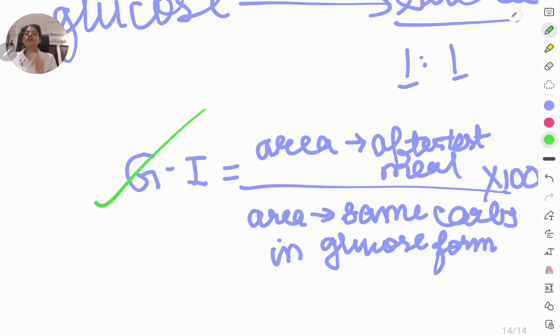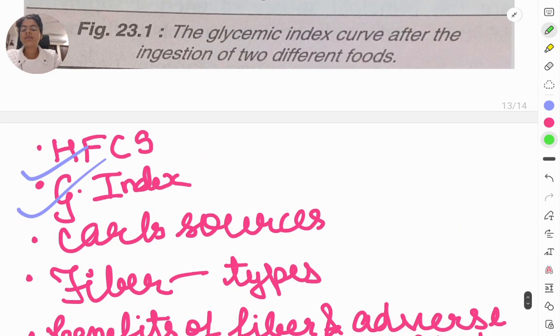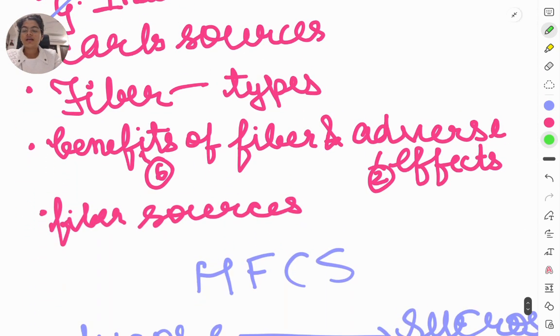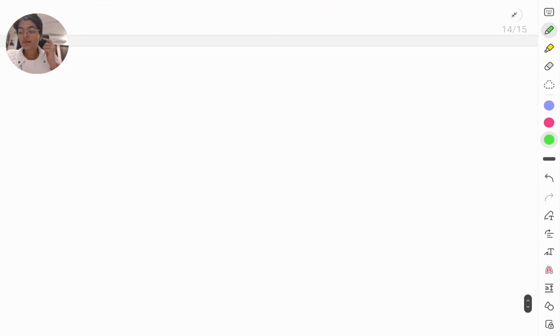So this is the formula for glycemic index. Now let's compare the glycemic index. Glycemic index would be less for complex carbohydrate as compared to refined. See, complex is the one like starch, and refined is the simpler form, that is the glucose itself.